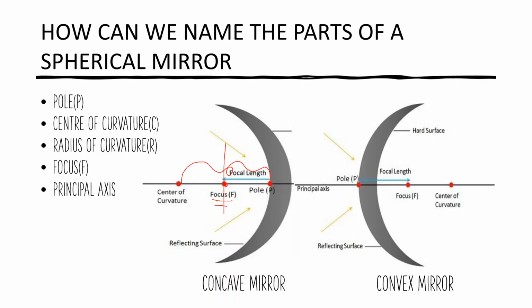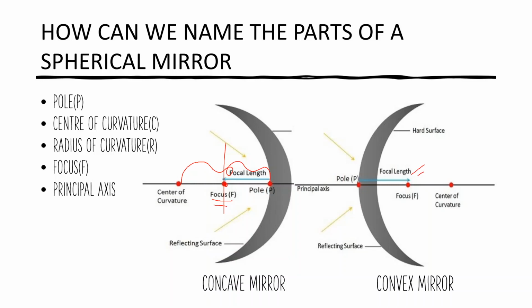The distance from one special point to another special point should also be named. One special point is the pole, another is the center of curvature. The distance between the two is named the radius of curvature. Now, the next pair of special points: the pole and the focus. The distance between them is called the focal length.